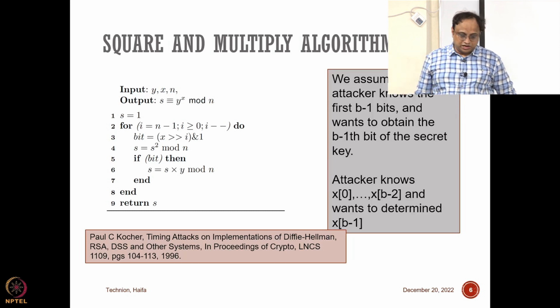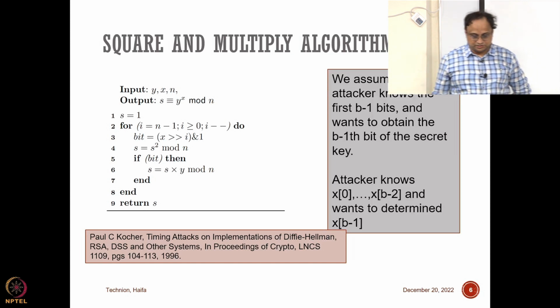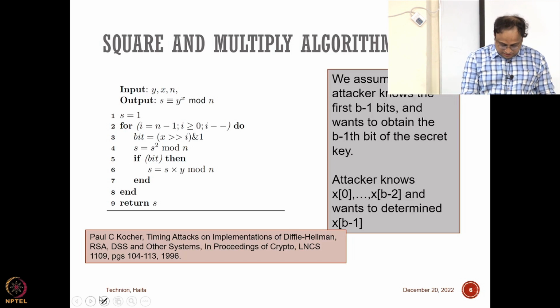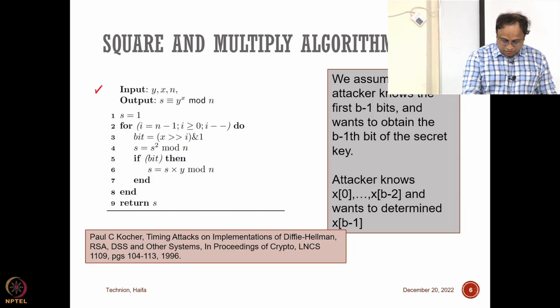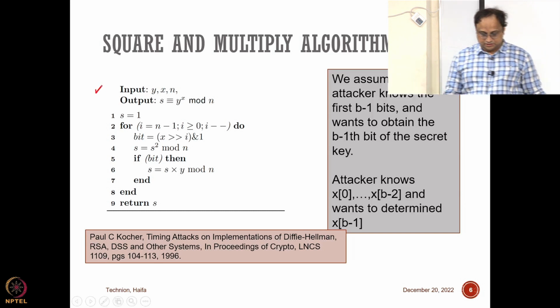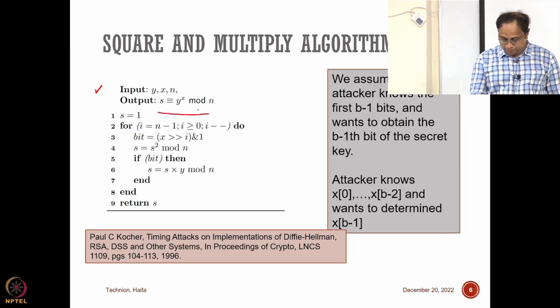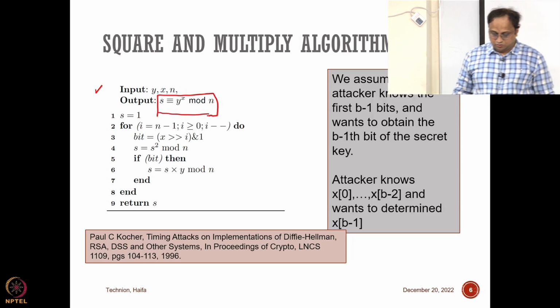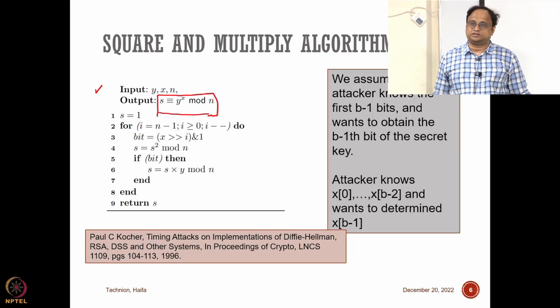Let me try to explain what it means. This particular thing that I show in the slide is an effort to compute a specific computation which you see often in RSA kind of systems.